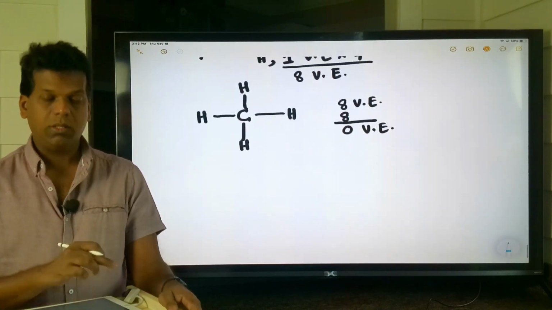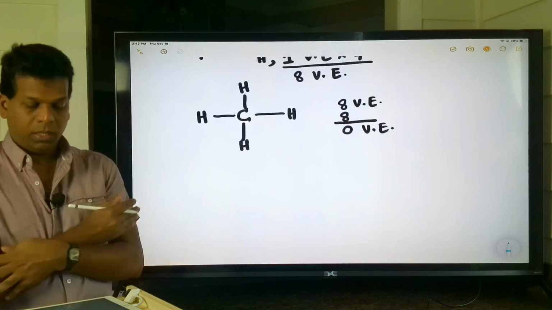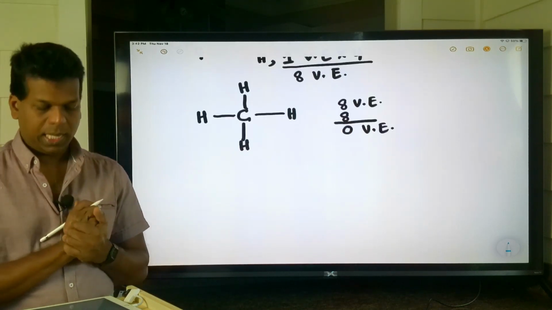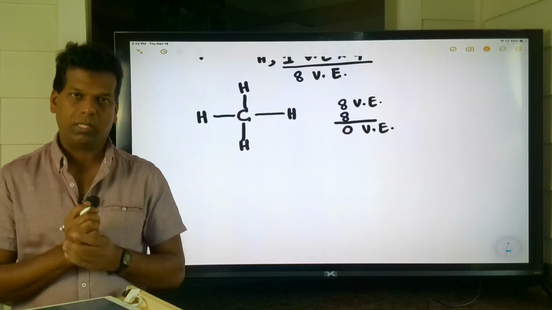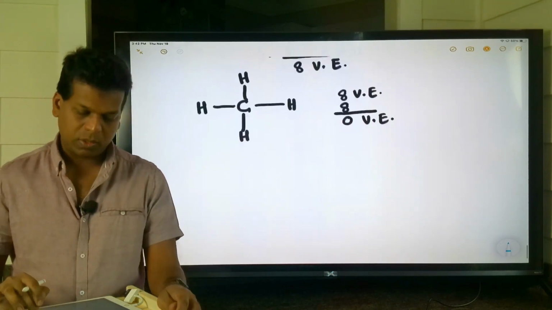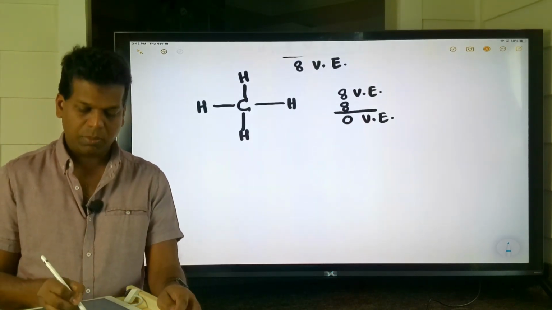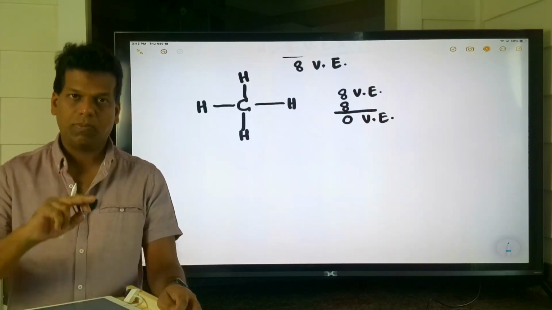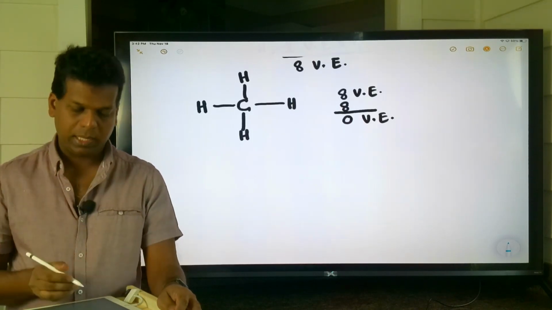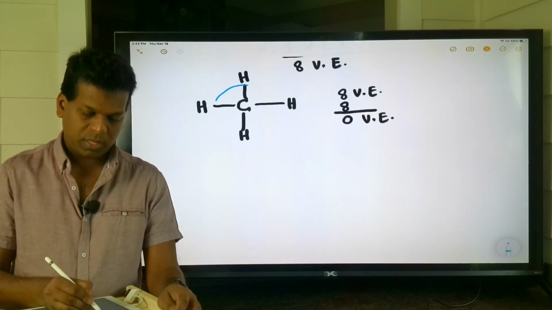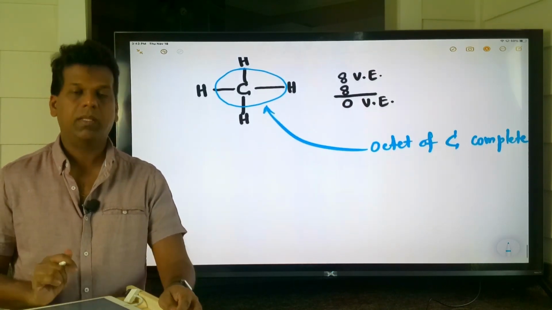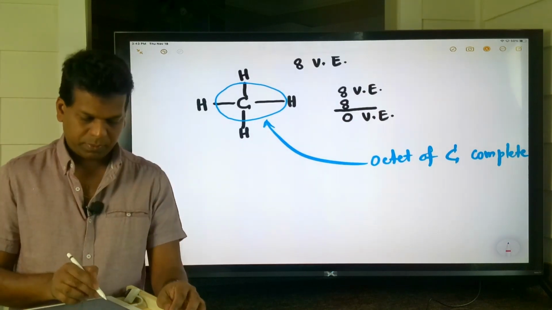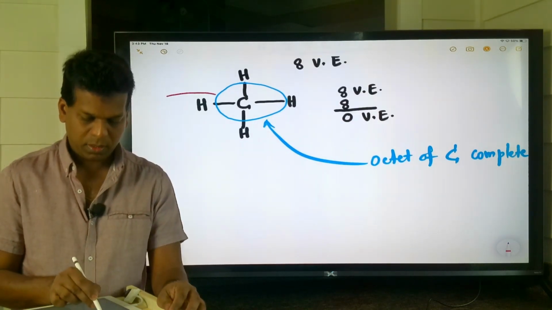Now you can count whether carbon has an octet and hydrogen has its due number of electrons. So around carbon there are 8 electrons. 4 bonds, that means 8 electrons. So the octet of carbon is complete. For hydrogen, hydrogen has 2 electrons.